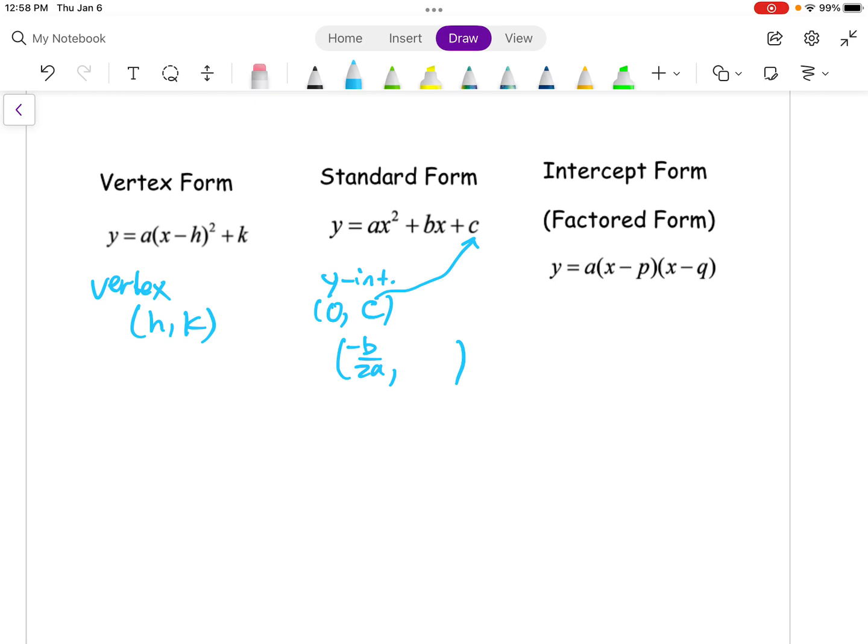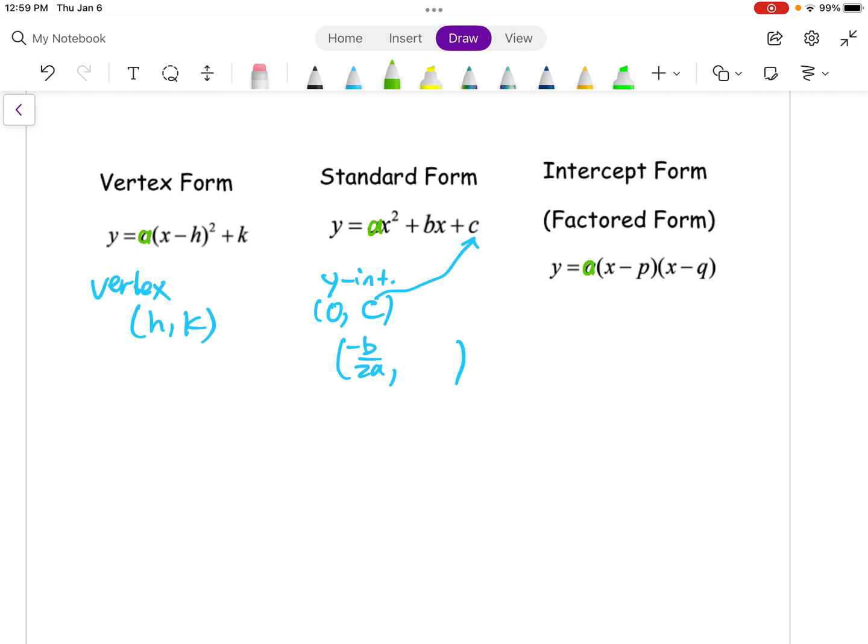Okay, this is our new form now, right? This is what we're focused on today, and that's this intercept form or this factored form. Well, what we just said is if you look at those factors, by the way, this a, let me just real quick before I go on. This a is the same in all of them. Just remember what that does. It doesn't matter which form it's in, that number is the same.